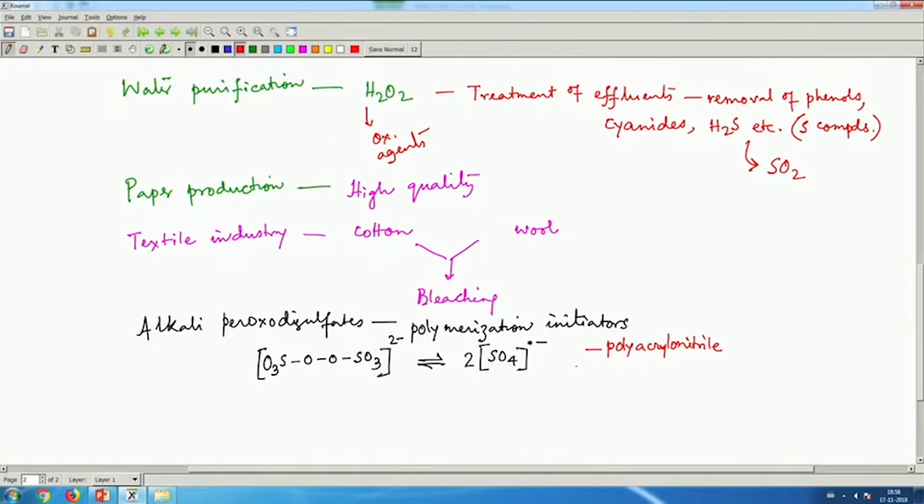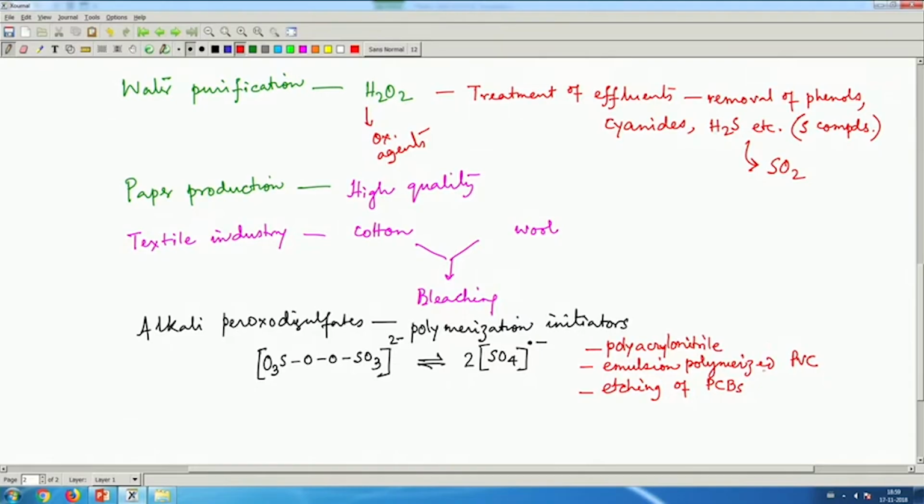Then emulsion polymerized PVC, and then lastly the etching reaction, etching of printed circuit boards in the electronics industry.